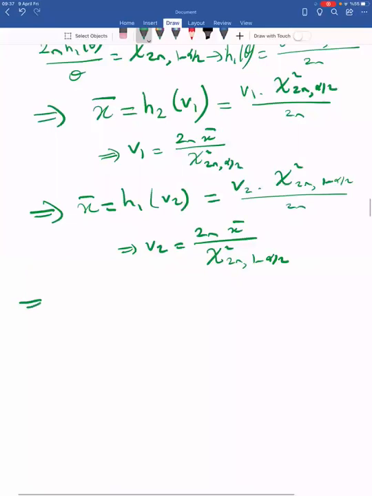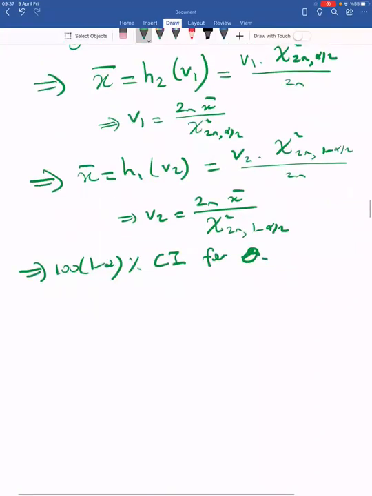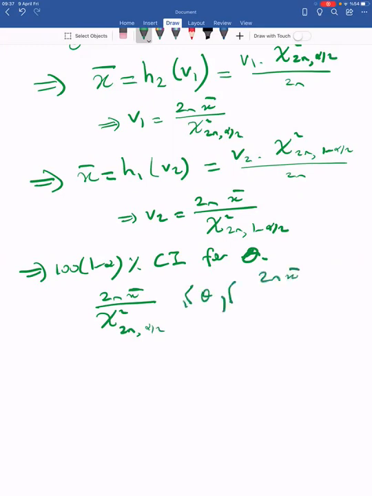Then our interval for theta can be immediately written: v1 is 2n x bar over chi-square 2n alpha over 2, and v2 is 2n x bar over chi-square 2n 1 minus alpha over 2.